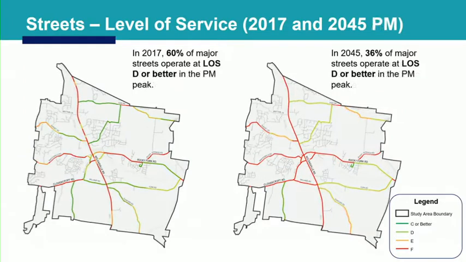And then in the evening, we just take a quick look at that too, just to make sure that there aren't any great discrepancies. But again, if you think about those commuting patterns and where we saw that growth occurring, again, a lot of pressure on the southern end and the western part of the study area. So again, about a 24 percentage point drop in terms of the street network operating at level of service D or better. So a lot of challenges, a lot of work to be done.